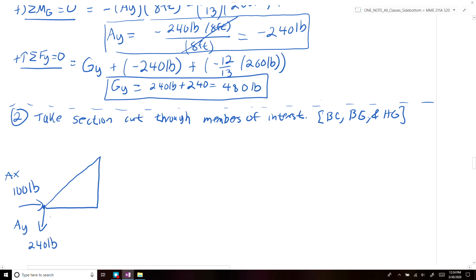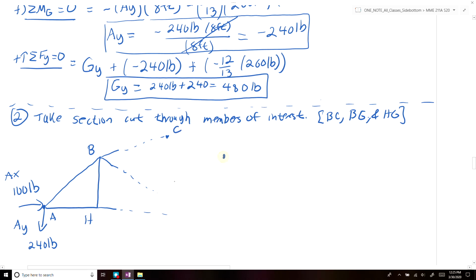Then at point B and point H, we'll have our members there, and we'll draw our members that go from point B to point C, from point B to point G, and from point H to point G. We'll draw them with some dotted lines here.